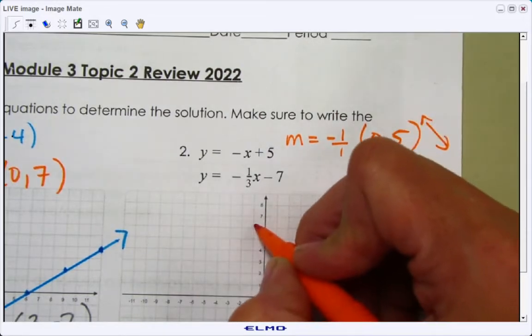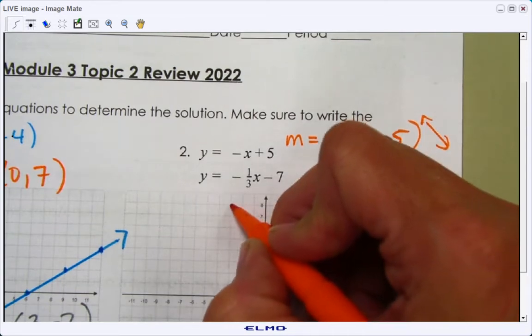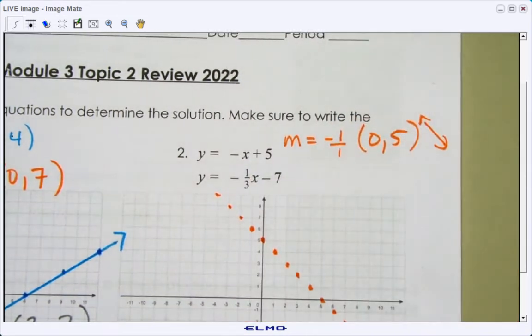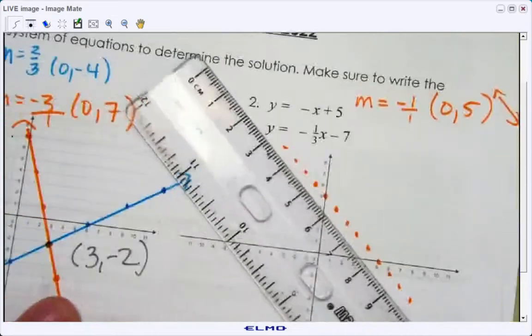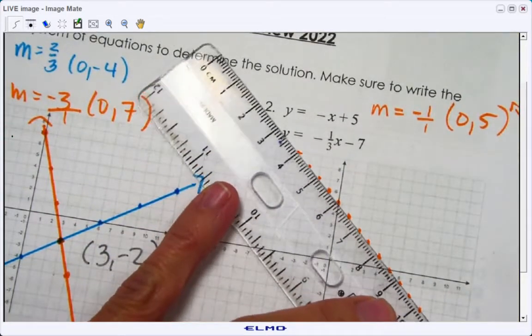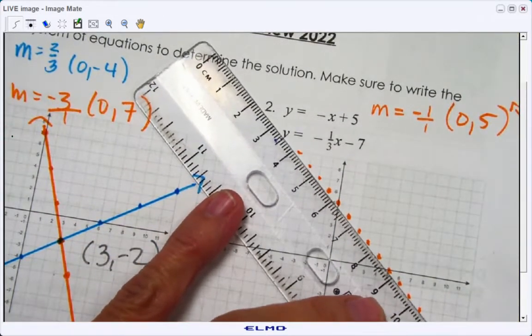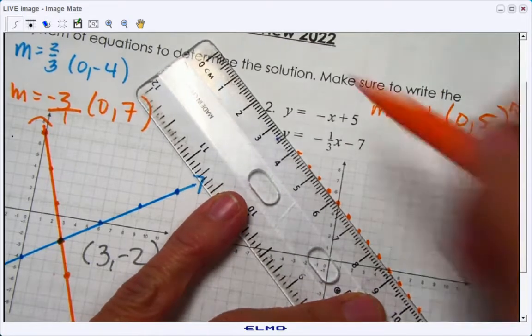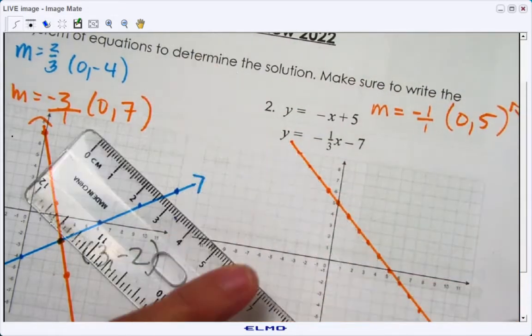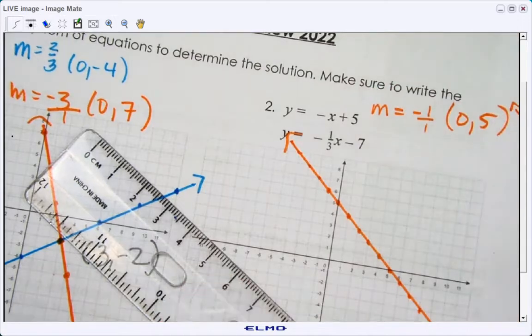And I could have gone up 1 over 1, just making sure that I'm going in the negative direction. And when I draw the line, I make sure that I put arrows on it because it keeps going in both directions.